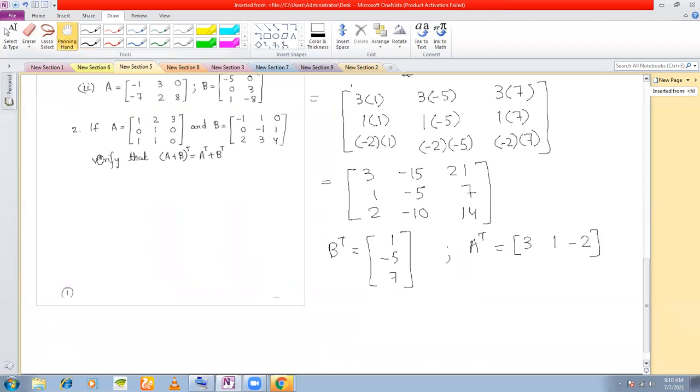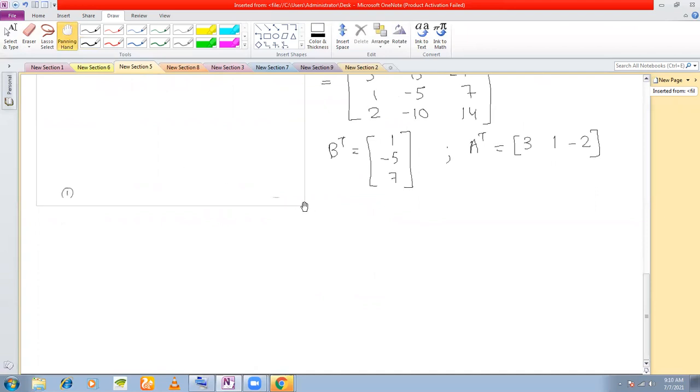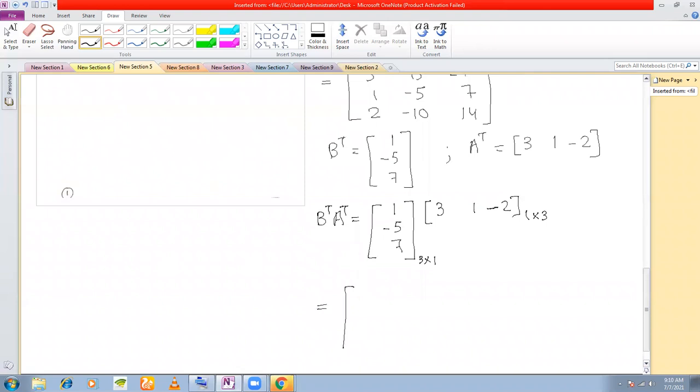Now we multiply these two together, B transpose, A transpose. Let's see what the resulting matrix should be. This is a 3 by 1 matrix, and this is a 1 by 3 matrix, right? The resulting matrix again should be a 3 by 3 matrix.